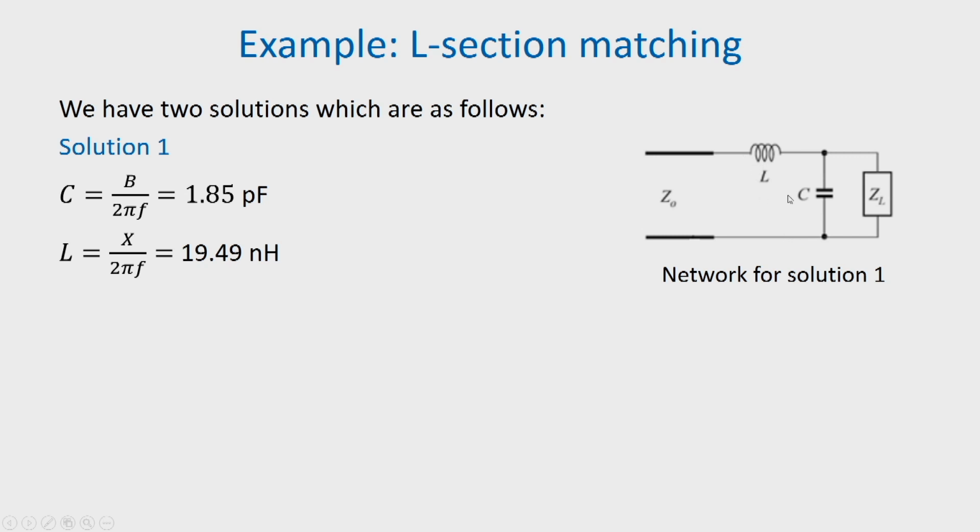So, you have L, C and load impedance Z L and the transmission line Z naught.